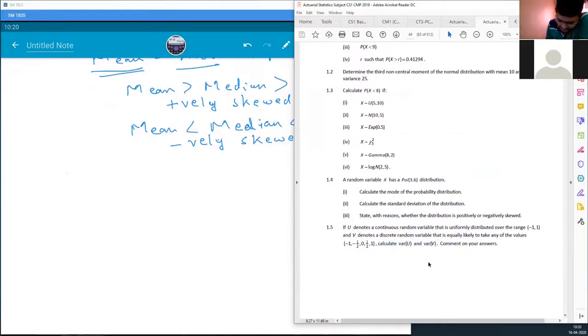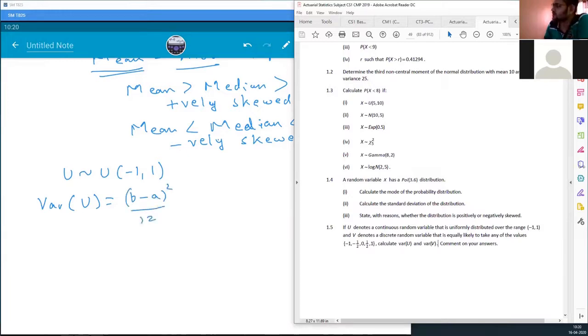So first of all, U follows uniform distribution between -1 and 1. We studied this uniform distribution again, and the variance of a uniform distribution we can find directly from the formula. So variance of U will be, as far as I remember, (b minus a) whole square by 12.